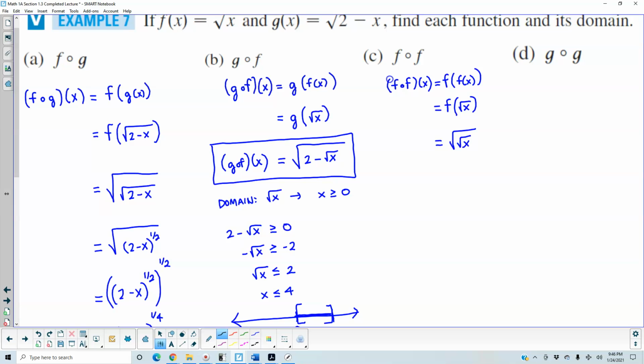Recall, this is very similar to part A. This is the same thing as the fourth root of x. So this is our result. Now we need to find a domain.